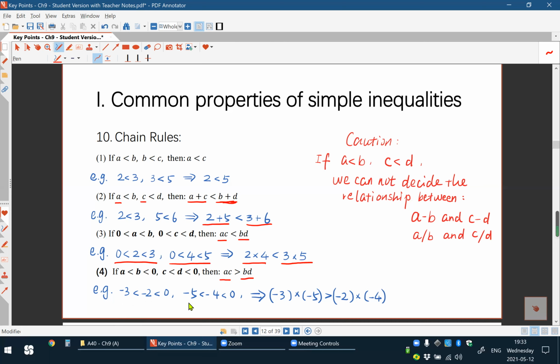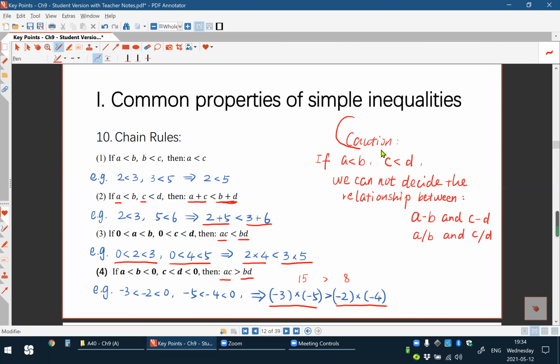And also -5 is smaller than -4, and both are negative numbers. Then if we multiply the left-hand side, we get -3 times -5, and the right-hand side is -2 times -4. Of course, the left-hand side is larger than the right-hand side. Okay, this is another useful property.